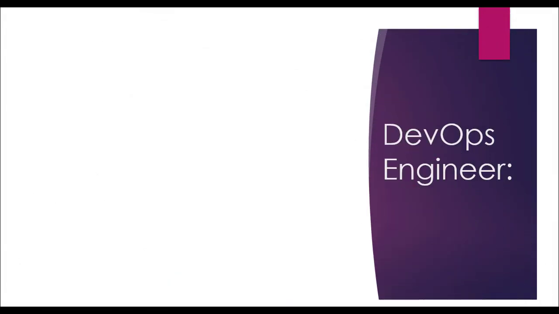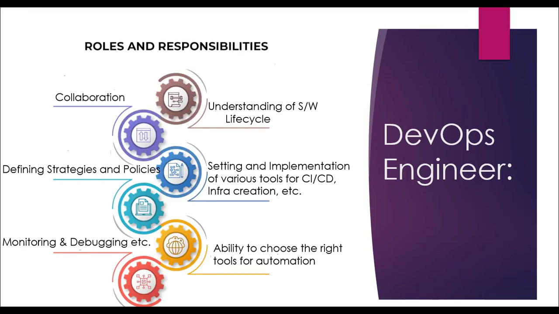The first thing is DevOps engineer, very importantly. This is a very common role which you will come across when you're looking for a DevOps role. The priority of a DevOps engineer is to bridge the gap between the development team and the IT operation team. So collaboration is the first priority. Secondly, a DevOps engineer needs to have a better understanding of the software development life cycle.